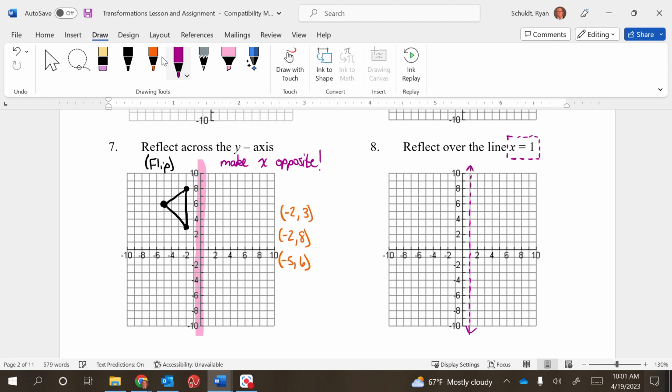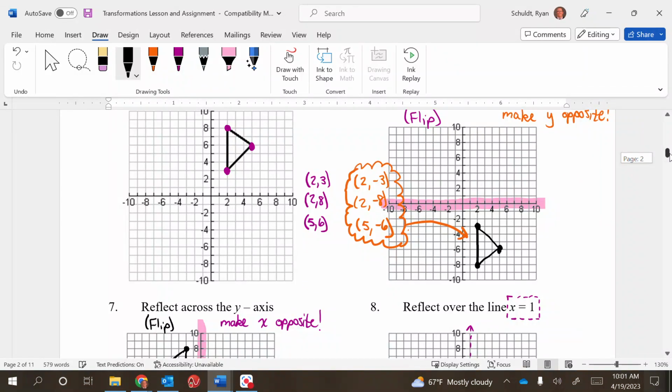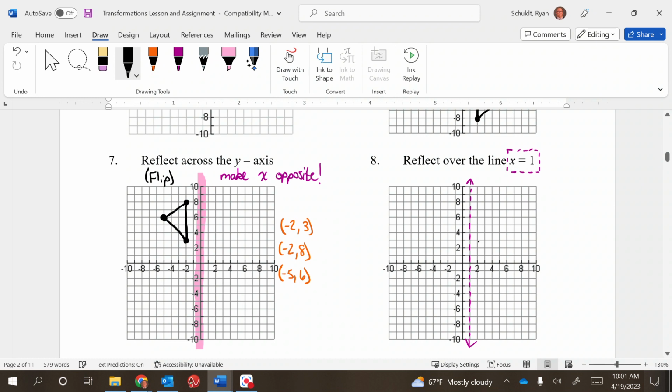Now our original, I'm going to put on here at 2, 3, 2, 8, and 5, 6. Now again, this is the original. This isn't the answer. This is the original.